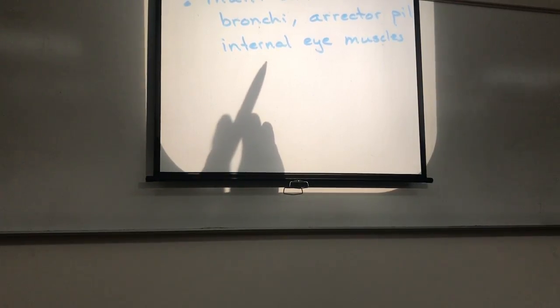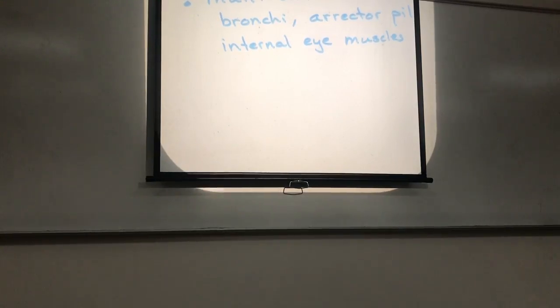The internal eye muscles that I've just mentioned are actually inside the eye, and they're going to dilate and constrict the pupils and change the shape of the lens so that you can focus near and far. So the internal eye muscles or intrinsic eye muscles are smooth muscle. The external eye muscles that you're learning about with the cranial nerves are skeletal muscle because they're attached to the bones of your skull.